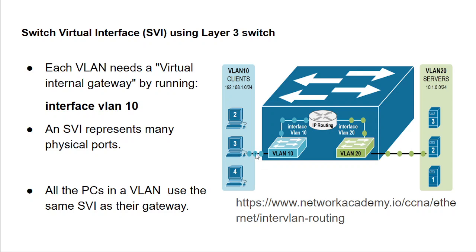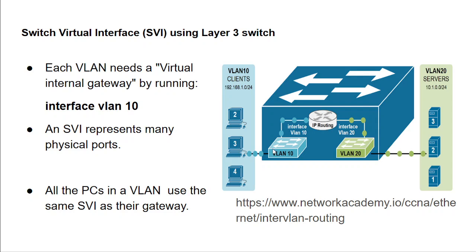So VLAN 10 on this side will be able to talk with another VLAN, VLAN 20. In this layer 3 switch, the key enabling thing is the internal routing engine here.